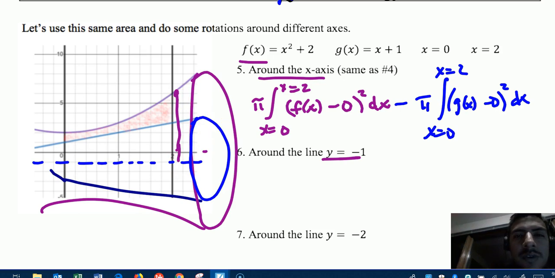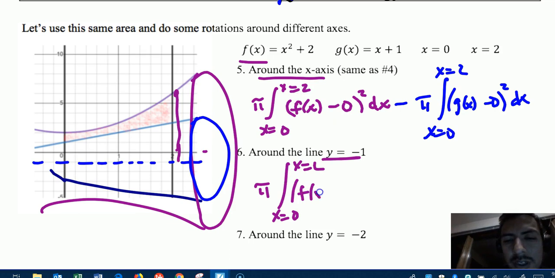We're going to get x equals 0 to x equals 2 of, it's still going to be f of x because that's my top function in purple, to the axis of rotation, which is minus negative 1, squared. We're squaring because we have a radius. Radius squared times pi gives you the area of the circle. Integrating the area of the circle gives you the volume of the solid. That's why all of this math is coming together.